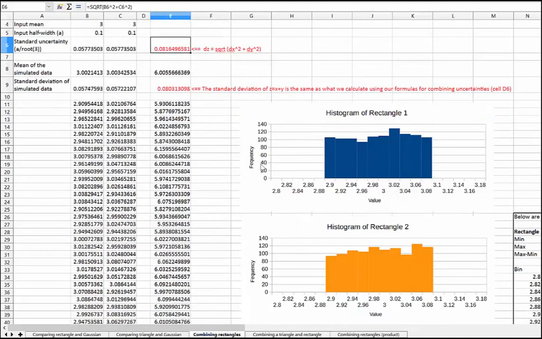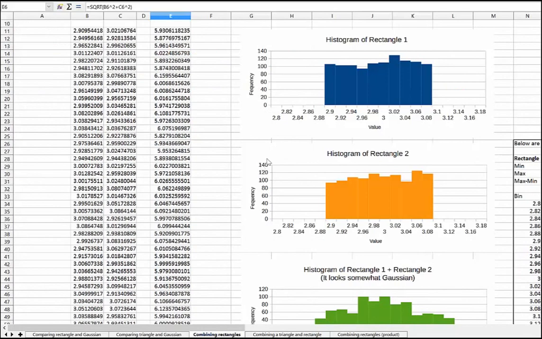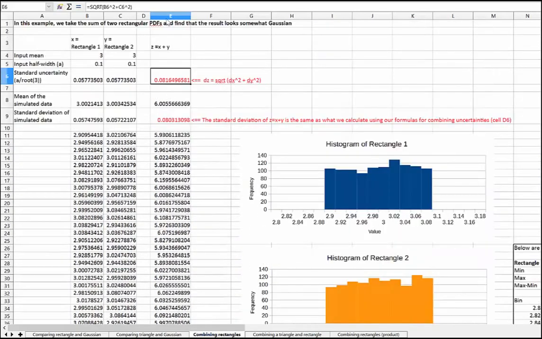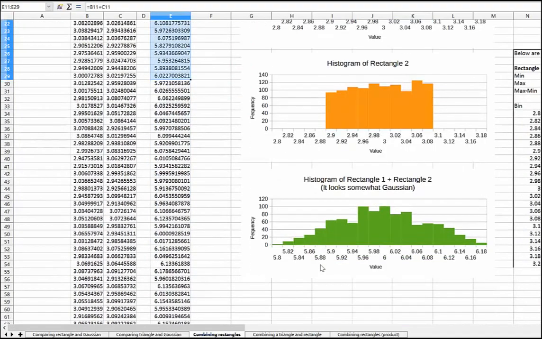Now, one of the really interesting pieces is that when I combine these two rectangles, this is what my z column looks like. So this is all my data in this column. When I actually plot those data as a histogram, this is what they look like over here. So they actually look somewhat Gaussian. Not exactly Gaussian, but somewhat Gaussian.